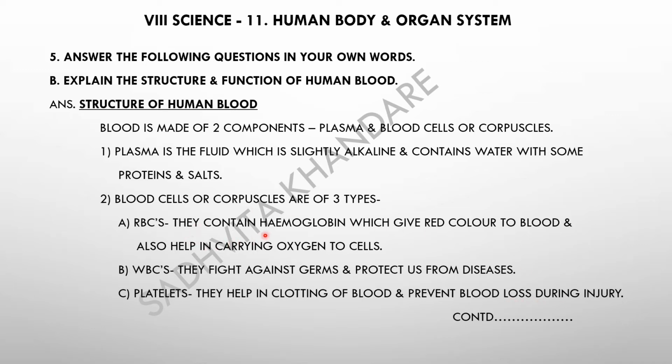So RBCs are carrying oxygen, WBCs are fighters, they help us against diseases. And platelets save the blood because they clot the blood if there is an injury. And that's how the blood doesn't flow out of our body. Otherwise our body will become fully empty. All blood will go out if there is any injury.